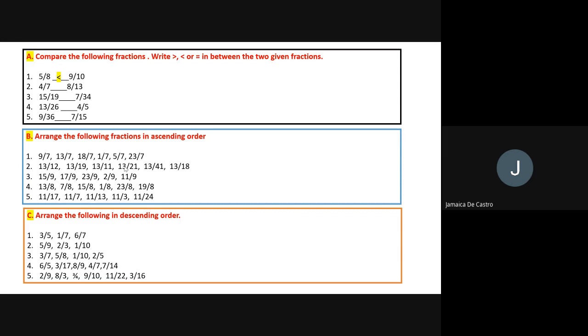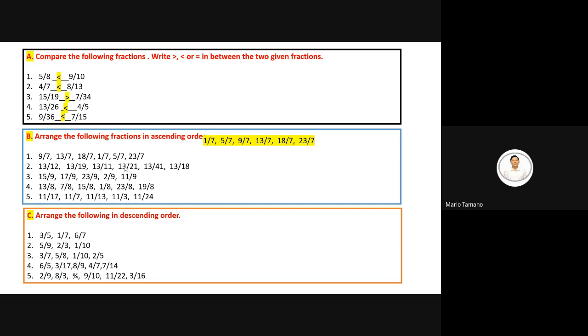The lower the numerator, the lower the fraction. That is the answer for letter A. So, 1/7, 5/7, 9/7, 13/7, 18/7, and of course, 23/7.